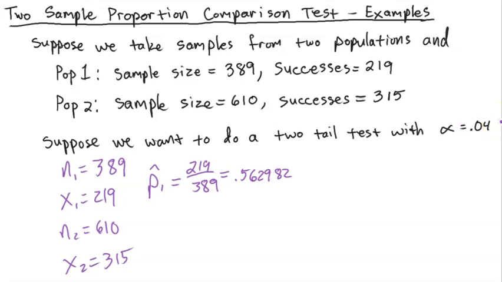Since alpha is 0.04, our confidence level is going to be 0.96. The reason our confidence level is 0.96 is because it's a two-tail test. But if we had a right-tail test, we'd have to double this, and then it would be 0.92. But let's get to that in a bit.